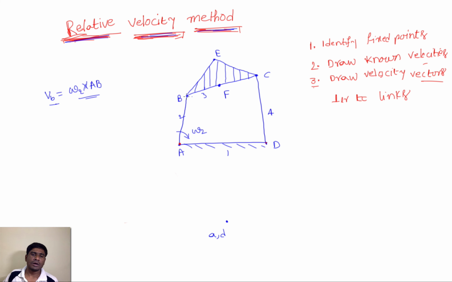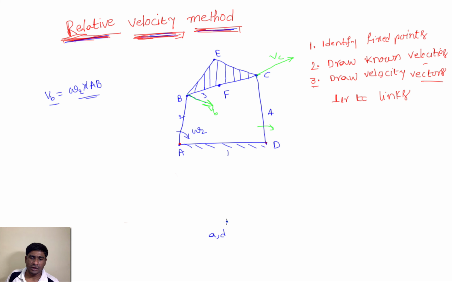So you draw Vb. How to draw Vb? Vb is perpendicular to the link AB, and this is moving in this direction, so this link also moves in the clockwise direction. So what is the velocity of C? It is in this direction, but we don't know the magnitude, but we know the velocity should be in this direction.